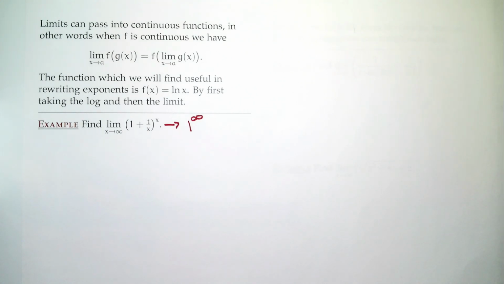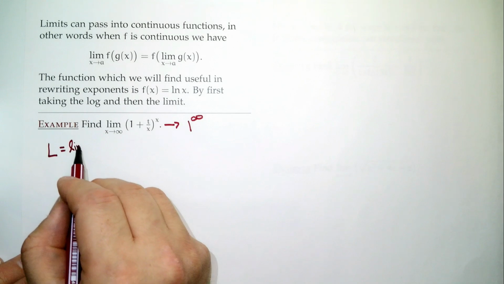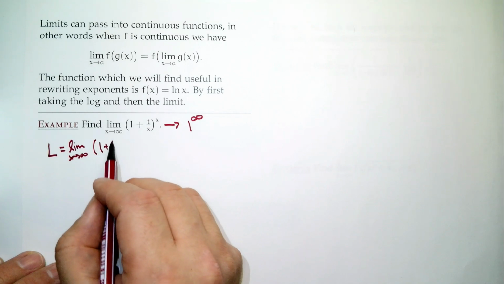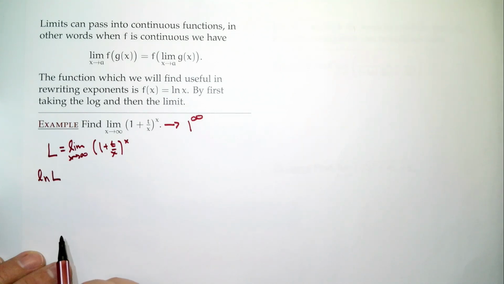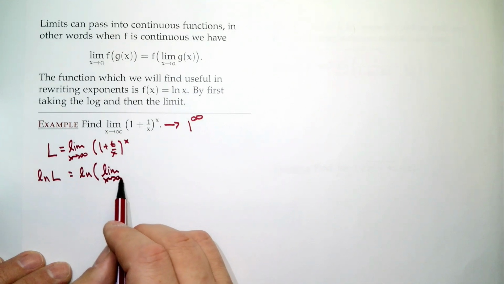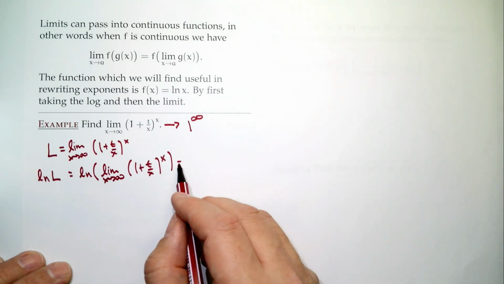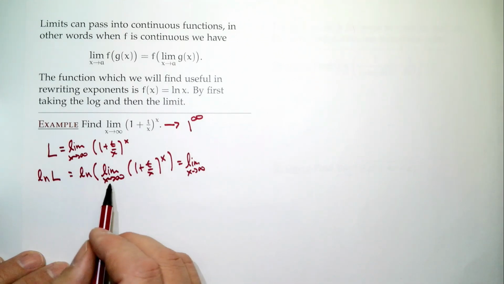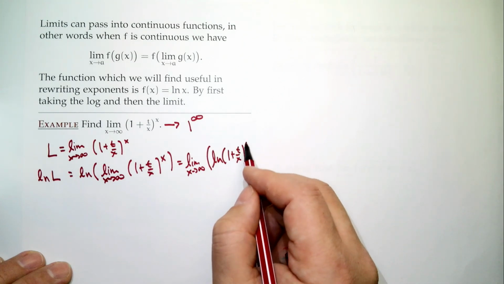So, here's the idea. I'm going to temporarily set L, the limit of my expression. So, L is the limit as x goes to infinity of (1 plus t over x) to the power x. I take the log of L. So that's log of the limit. And now I use the fact that log is a nice function, which means I can take the limit outside of the log: log of the limit of (1 plus t over x) to the x.